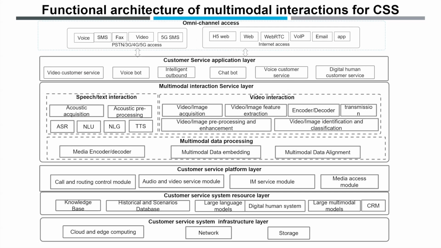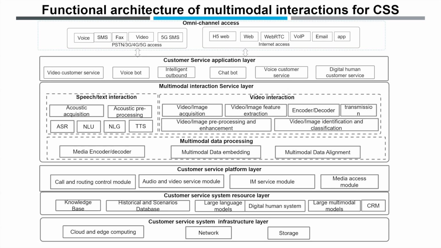So we just try to figure out a very brief architecture like this, which needs to be deeply discussed in our working group. So this is not the final one. Here there are many layers.